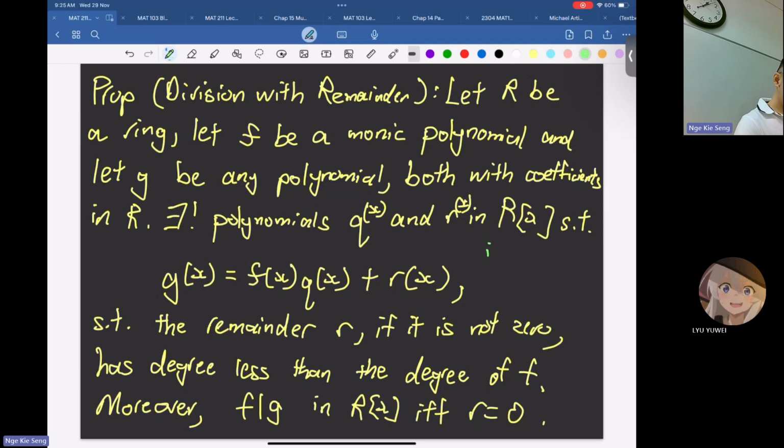In Z[x], can I do division like 3x over 2x? Does there exist Q(x) and R(x) such that this equation is true, if 2x is not monic?